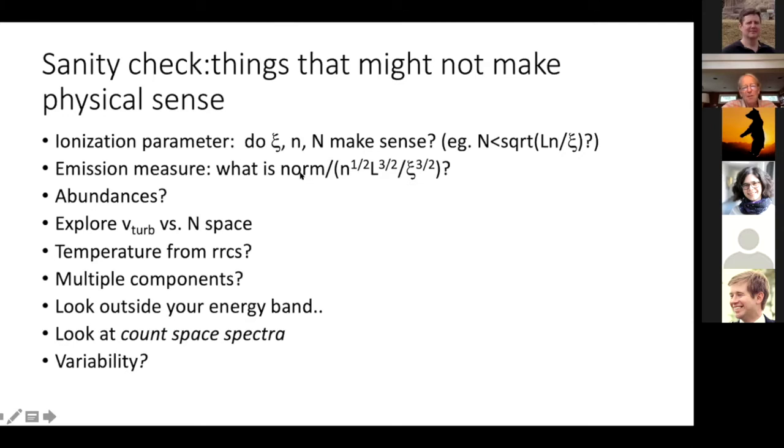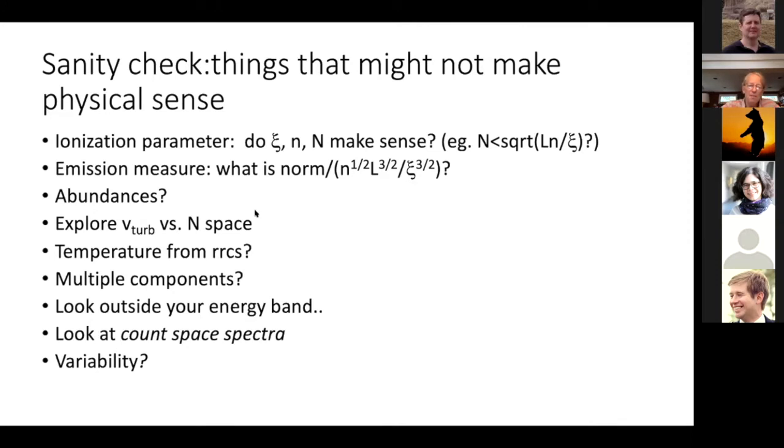And then you ask yourself, what's the emission measure? Is that plausible? Because you might be needing amounts of gas which are unphysical, but that depends a lot on the source that you're interested in and some insight as to what's going on in the source. And then the element abundances: if you require super solar abundances for everything, then that's a hint that you have something that might not be quite right.